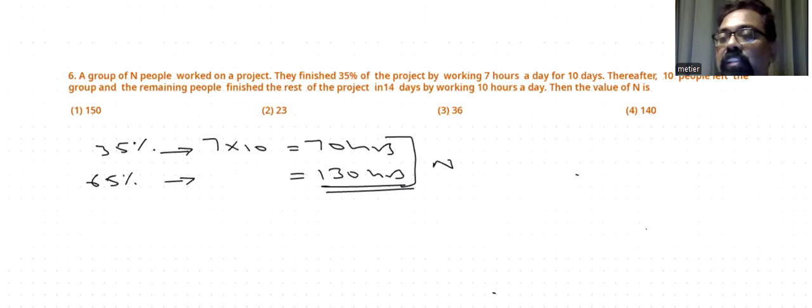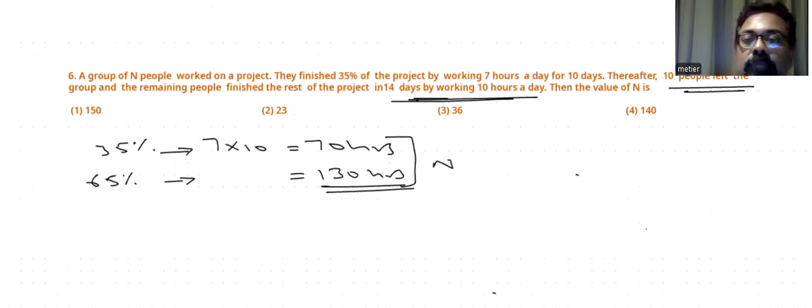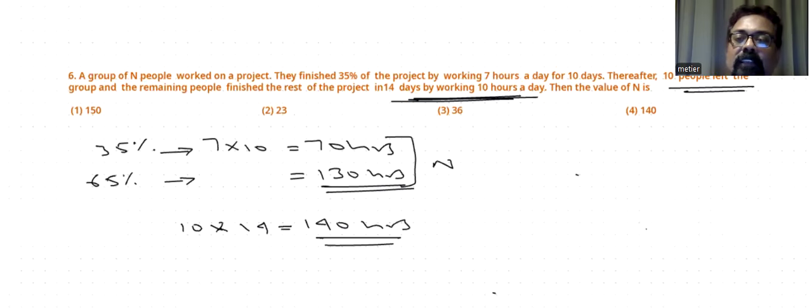Now the change. What change happened? 10 people left, and the remaining people finish the rest of the work in 14 days at 10 hours per day, meaning 10 into 14, which is 140 hours, and it is done by n minus 10 people. You can go with the chain rule, or you can go with the basic group work formula in time and work.